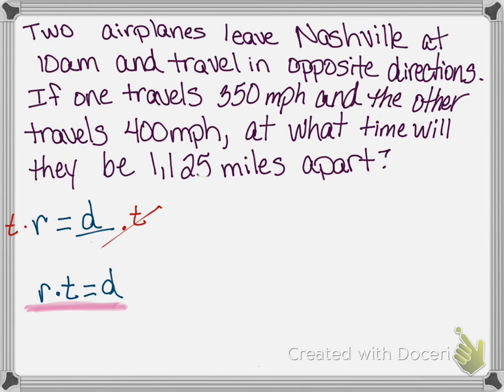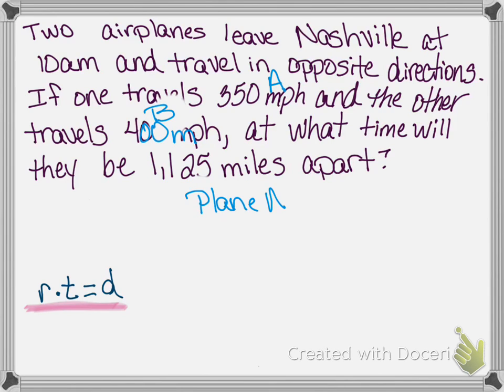So we're going to label the plane that travels 350 miles per hour plane A, and the plane that travels 400 miles per hour plane B. If I have the distance of plane A plus the distance of plane B, what is that going to equal?